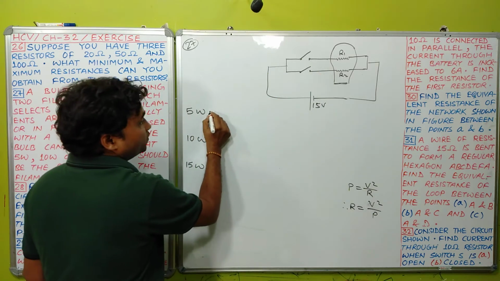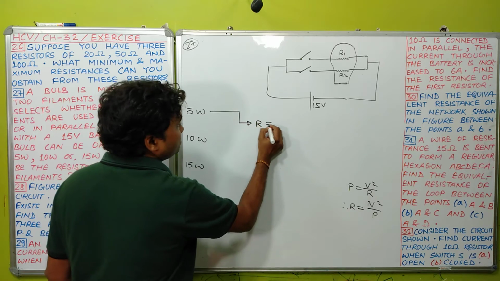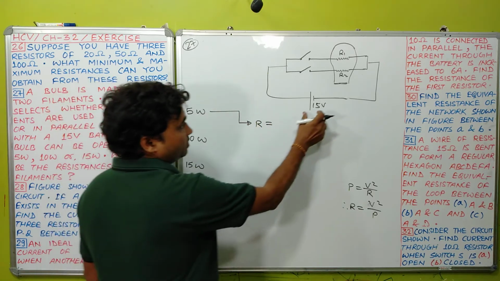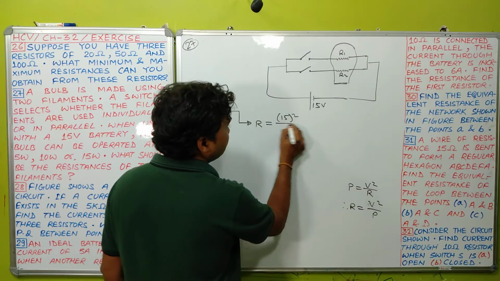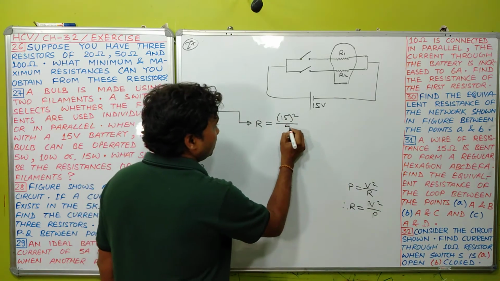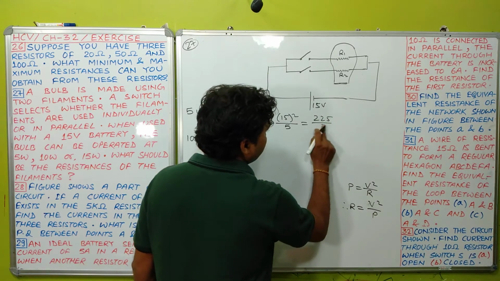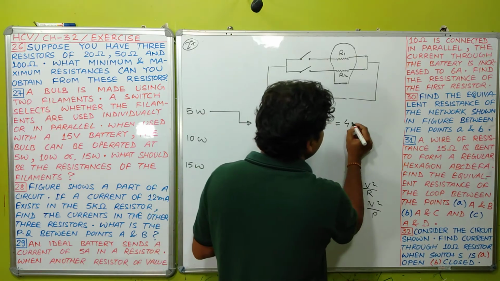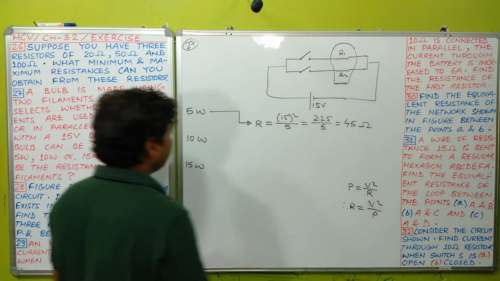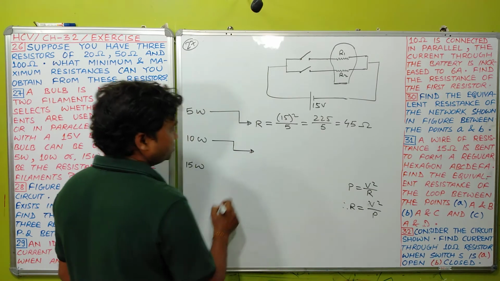So when the value of rated power is 5 watt, in this case the value of resistance will be 15 square, V square, divided by power. This is 5 watt. This is 225 by 5. This is 45 ohm. Okay, so when 10 watt will be used, the concept should be clear.